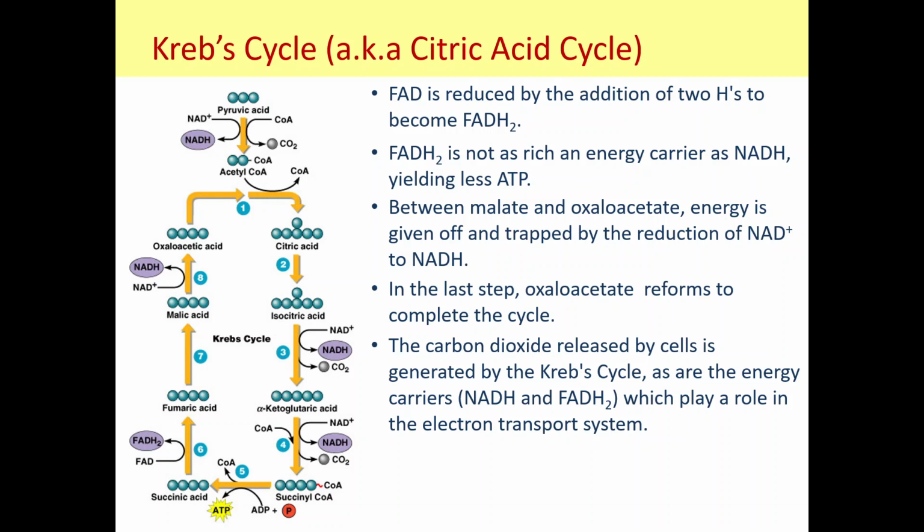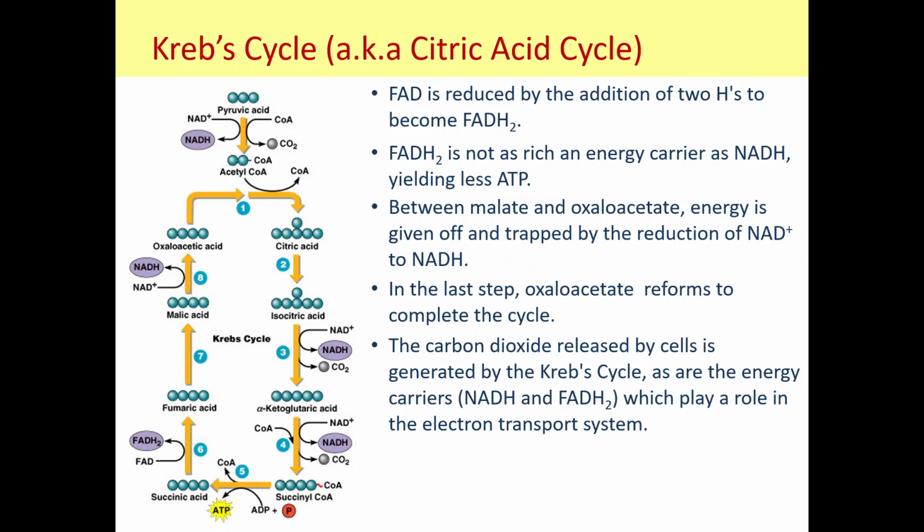Something worthy to mention is that there are a few sub-products and intermediate products formed in the Krebs cycle, namely NADH and FADH2. FADH2 is not as rich an energy carrier as NADH because it yields less ATP compared to NADH.